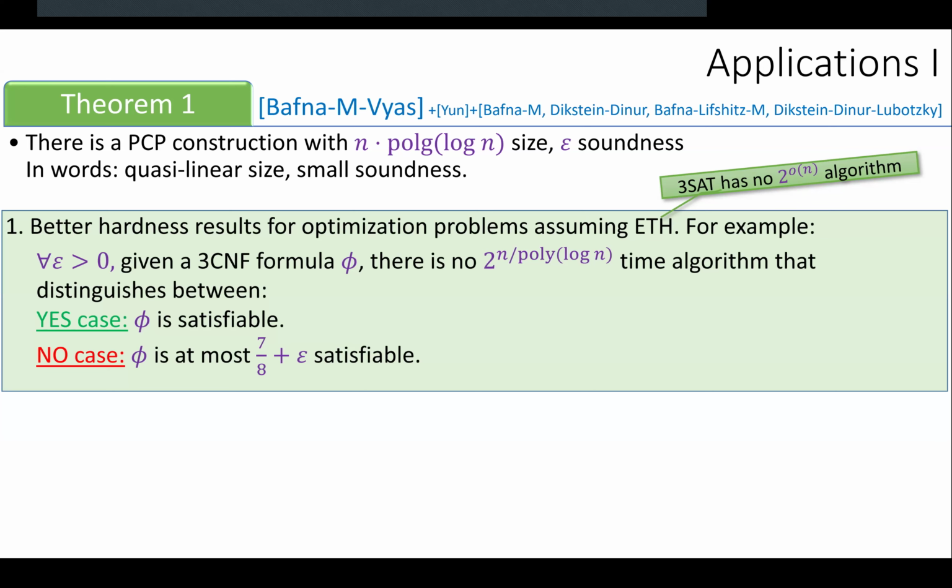For every epsilon greater than 0, if I give you a 3SAT formula and I promise you that it's either satisfiable or at most 7/8 plus epsilon satisfiable, two things that are very far apart, you still need almost exponential time.